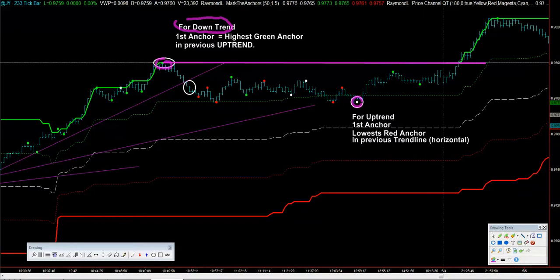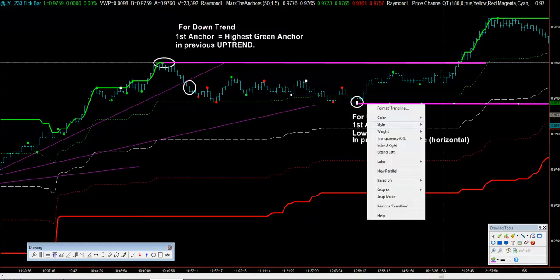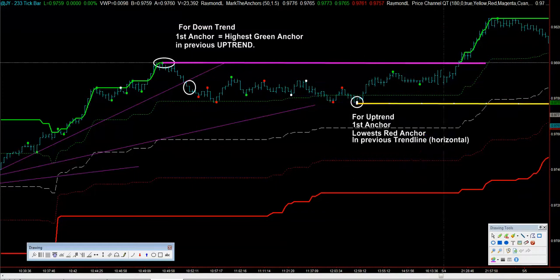Okay, so we continue, and the rules state that in order to draw an upward trend line, we must find the first anchor, which we've done. We draw a horizontal stop line. So let's do our horizontal stop, and I'll use this one, that would be our horizontal stop, and I'll mark it in yellow. Okay, that is our stop.